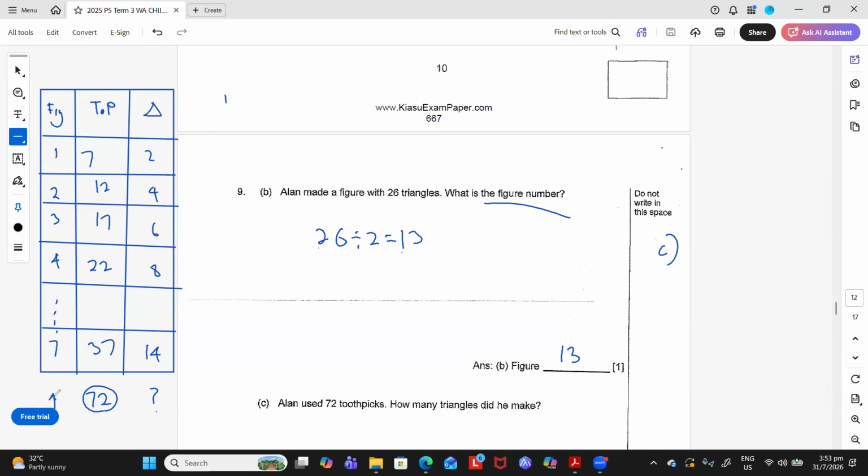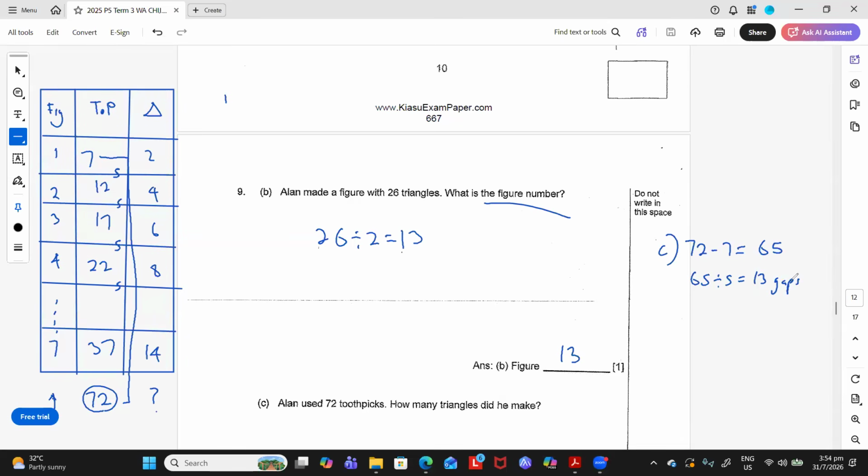After I find the figure number, when I multiply it by 2, I'll get the number of triangles, okay? So let's go and find the figure number. From 7 all the way till 72, there's a difference of 65. So this 65 is made up of all of this 5 that sits in the gap, okay? So take 65, divide by 5, I'll find out 13 gaps.